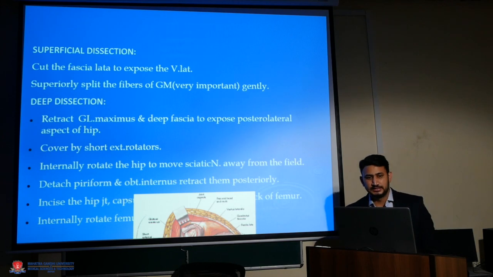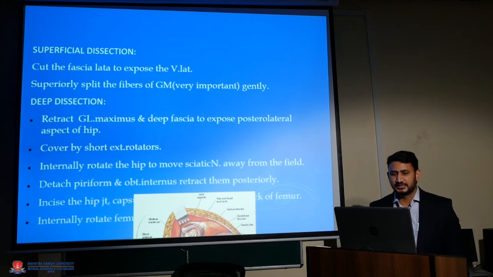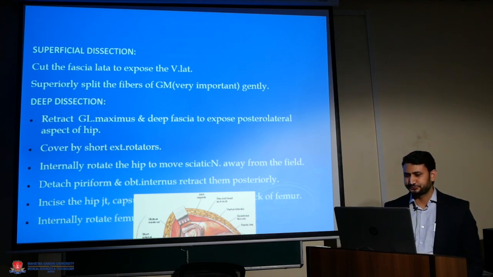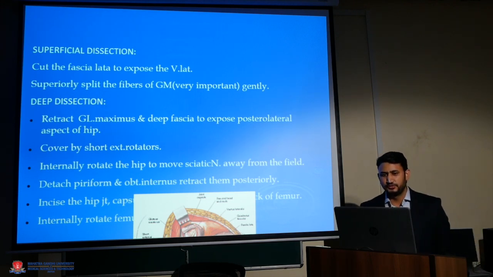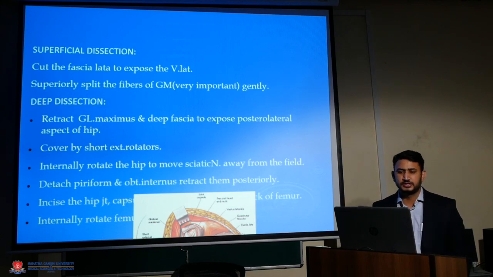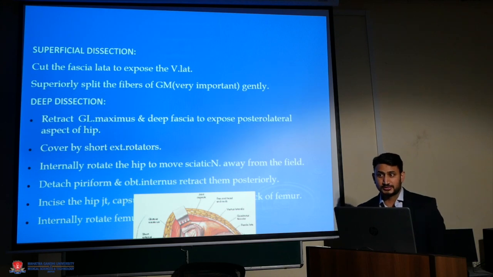Superficial dissection: cut the tensor fascia lata and expose the vastus lateralis muscle, and superiorly split the fibers of the gluteus maximus. Deep dissection: after splitting the fibers of gluteus maximus, we retract gluteus medius superiorly, and then the short external rotators come in front of you.